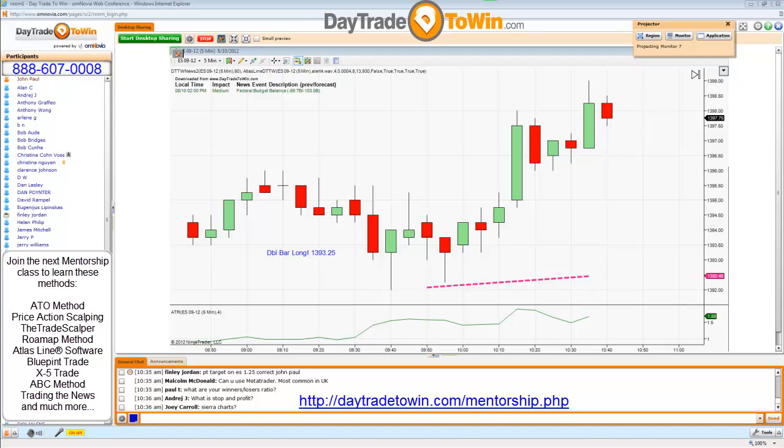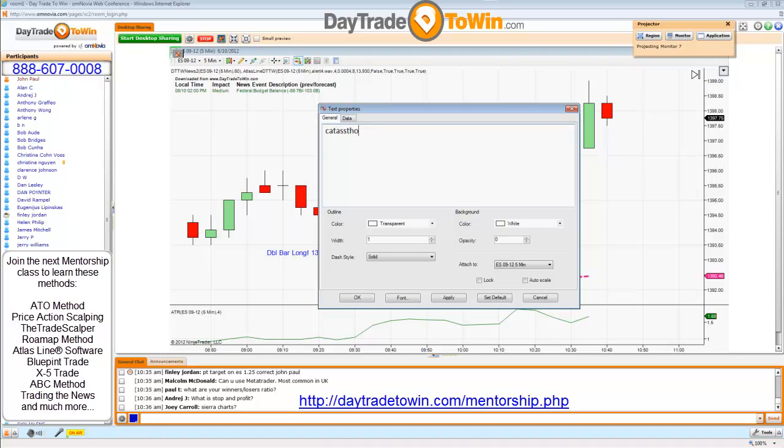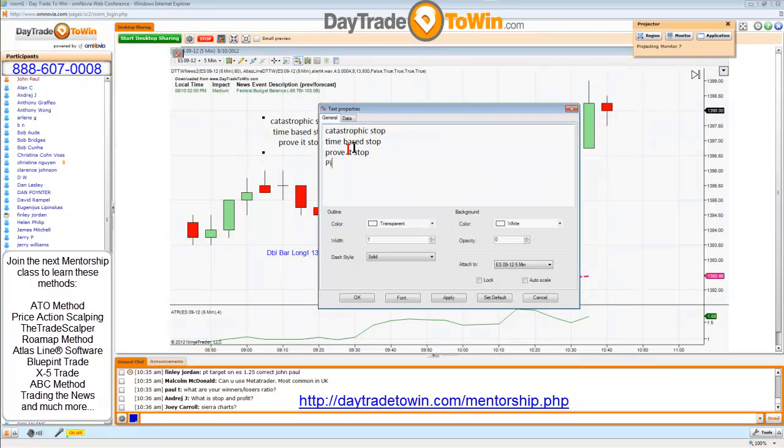So the three stops that I use are a catastrophic stop, time-based stop, and a prove it stop. Okay. So whichever gets hit first, and there's actually a fourth one called a pivotal stop as well.